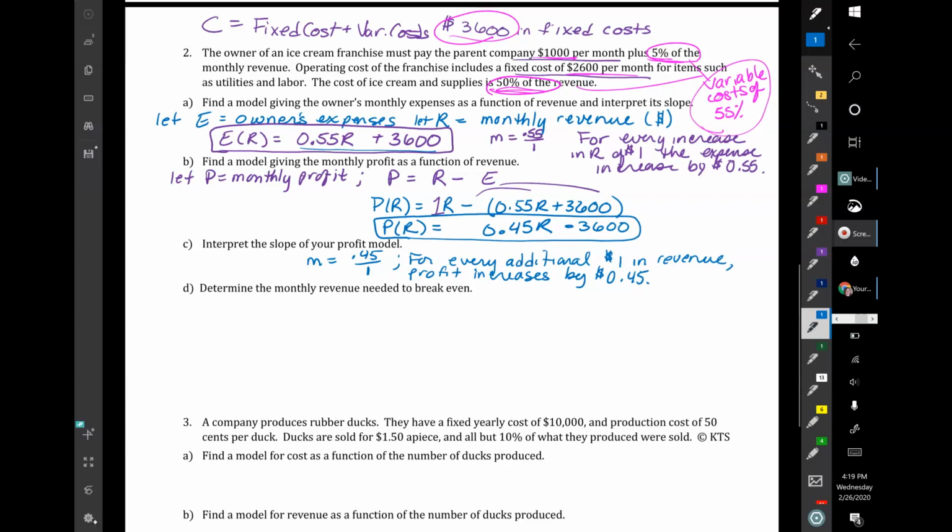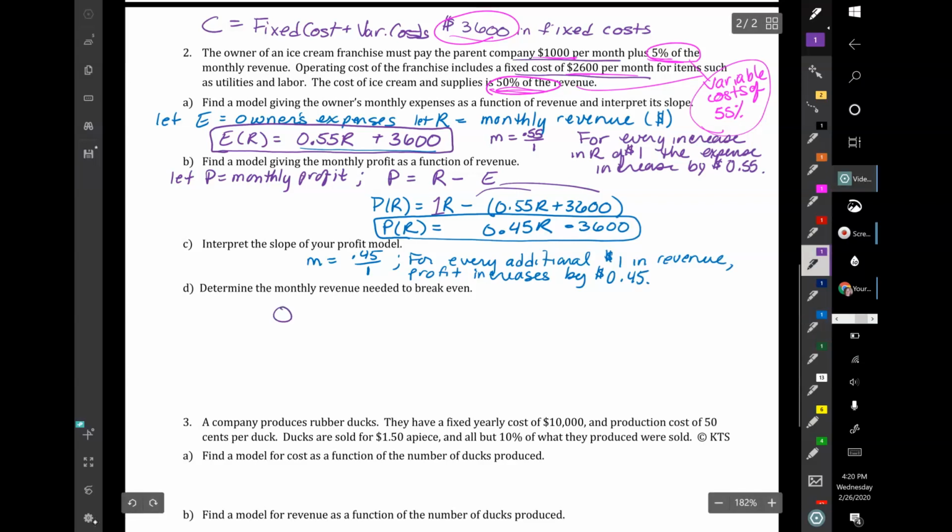Determine the monthly revenue needed to break even. So in order to do that, we can set our profit equal to 0, or we could set our revenue equal to our expenses, aka costs. So whichever way you want to do that. I'm just going to set the profit equal to 0 because we were just working with that one.